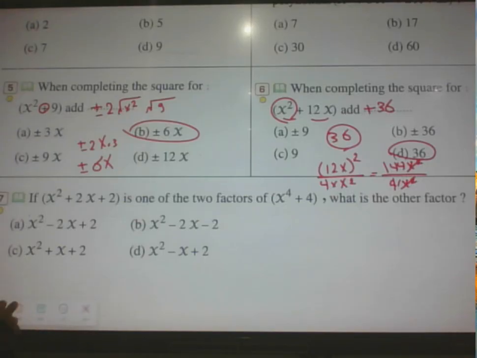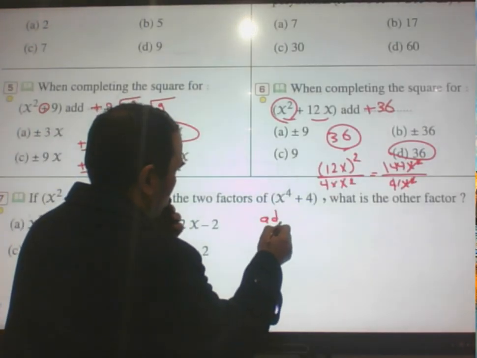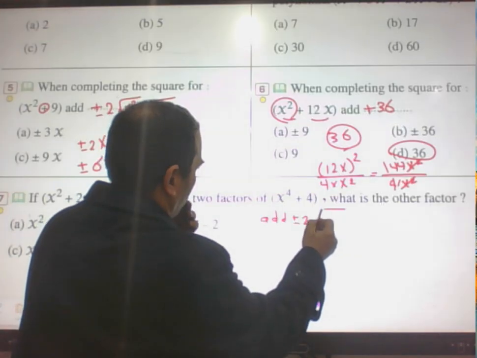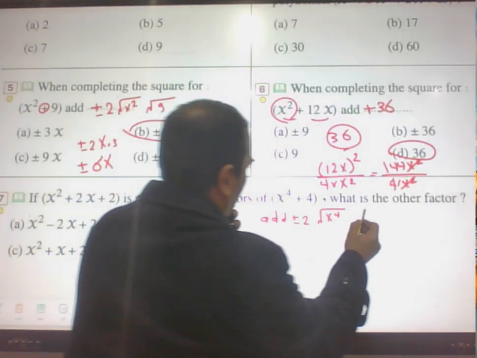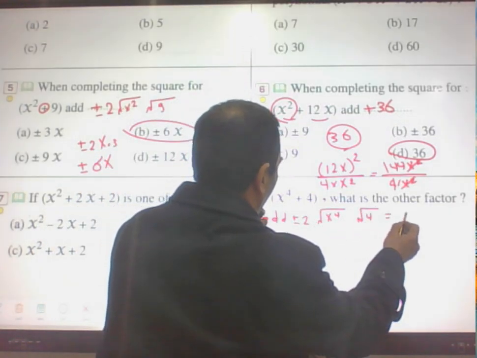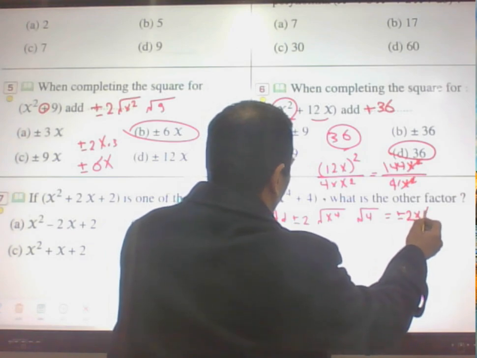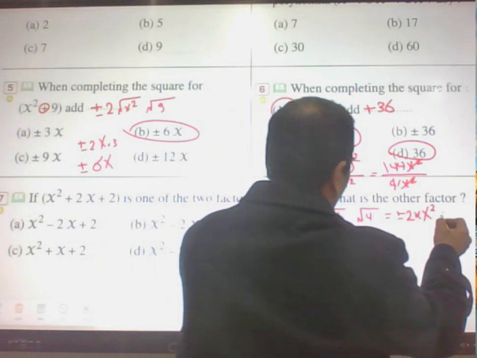If x power 2 plus 2x plus 2 is one of two factors of x power 4 plus 4, what is the other factor? Okay, we can simplify this example first by adding positive or negative 2 product by the square root of the first, product by the square root of the third. The result will be positive or negative 2 product by x power 2 product by 2.